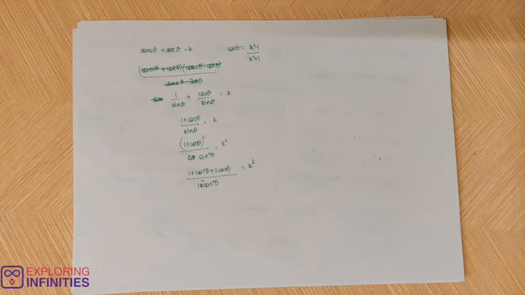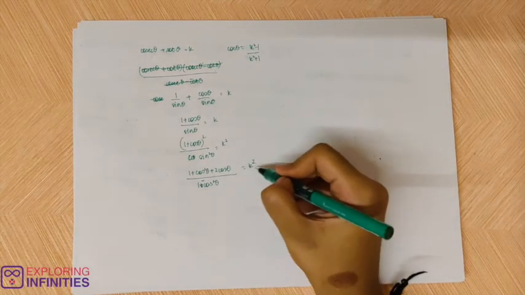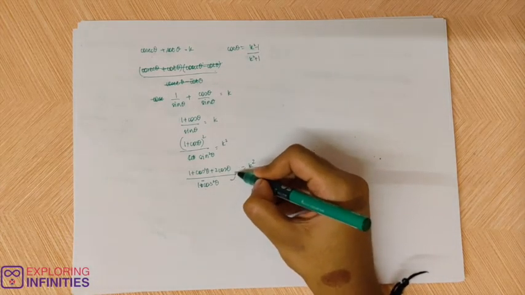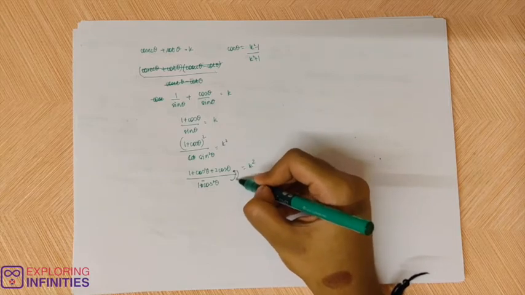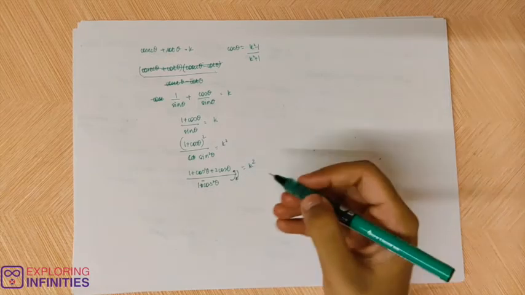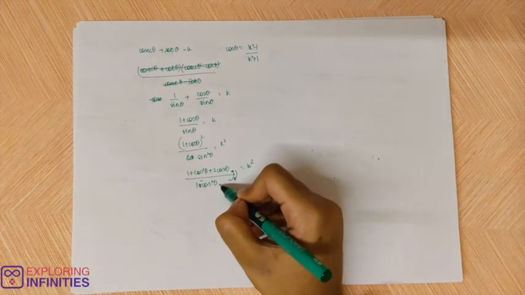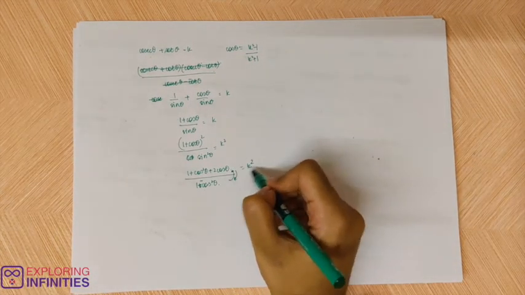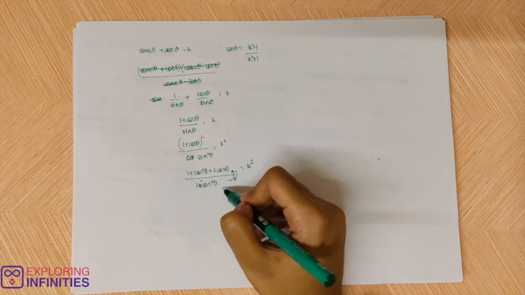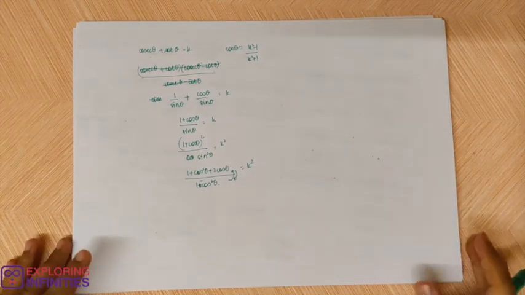That is k square. And now let's add the numerator and denominator, and subtract the denominator from the numerator.